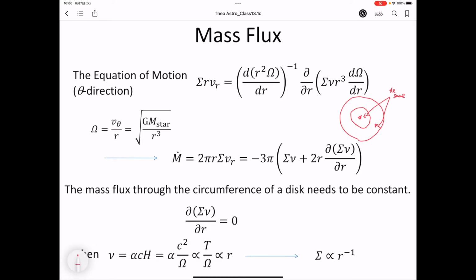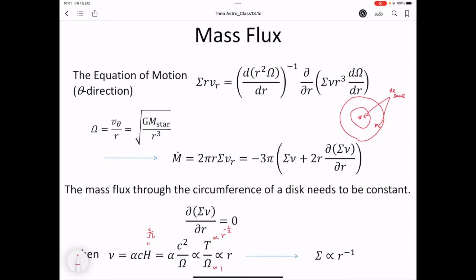Actually, we'd like to estimate nu, the kinematic viscosity, using the alpha model, alpha c h. H is expressed as c over omega. Then you can substitute alpha c squared over omega. And c squared is proportional to the temperature of a disk, which is proportional to r to the minus 1/2. In the outer region, temperature is decreasing. We'll show this later.